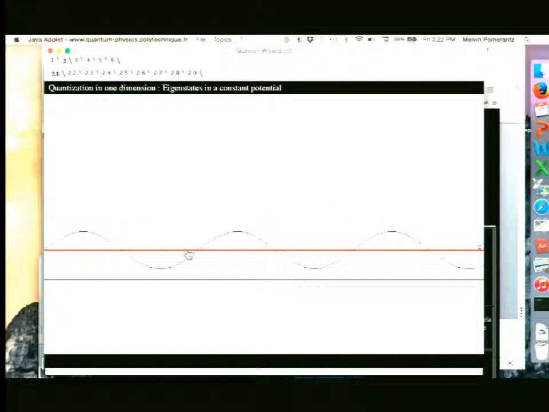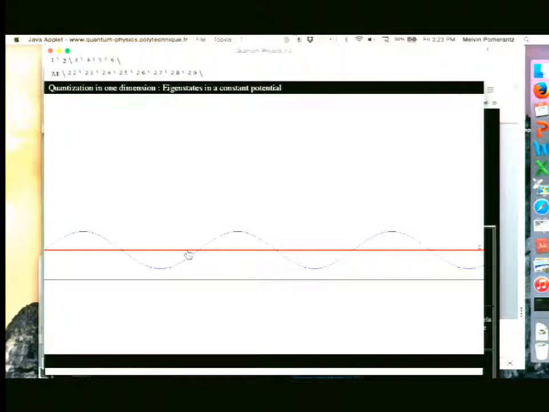And as the kinetic energy gets lower, the wavelength gets longer. I should make sure you remember this point: the kinetic energy was given by a half mv squared.